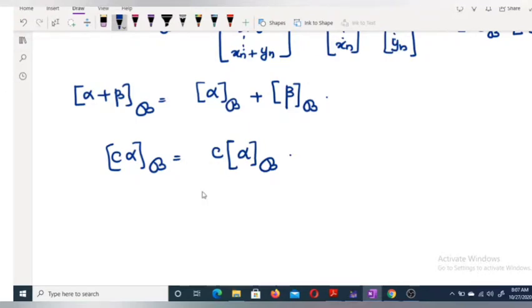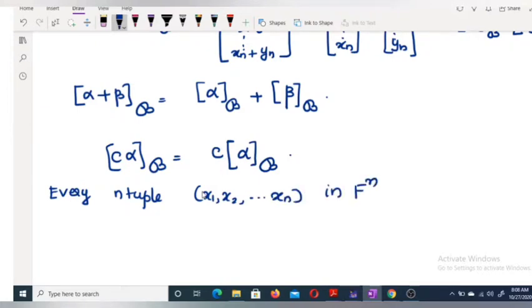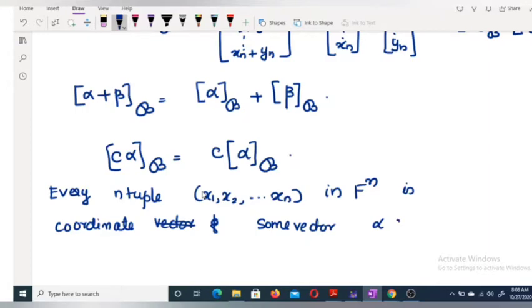For every n-tuple x1, x2, etc., xn in Fn, it is the coordinate vector of some vector alpha in V. Why?